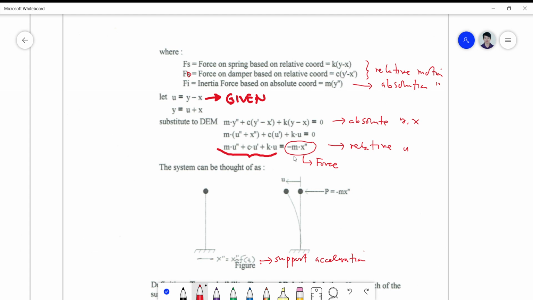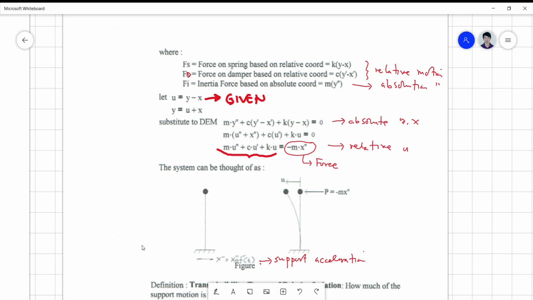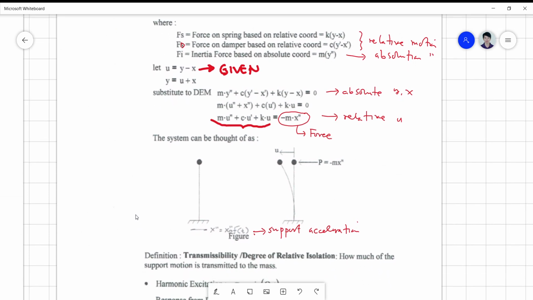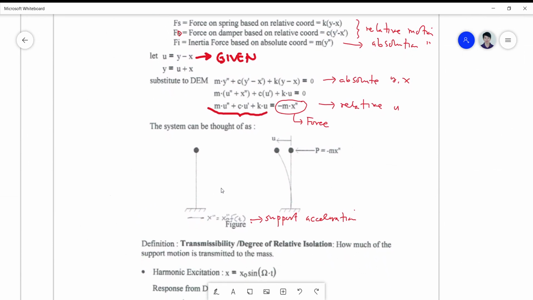Okay, so for a single degree of freedom system, the model can be represented by this lumped mass model.